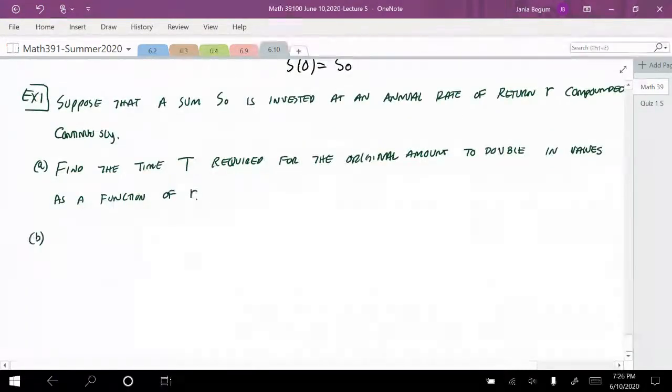So part B, we want to determine T, again, T is for time, if the rate is 7%.